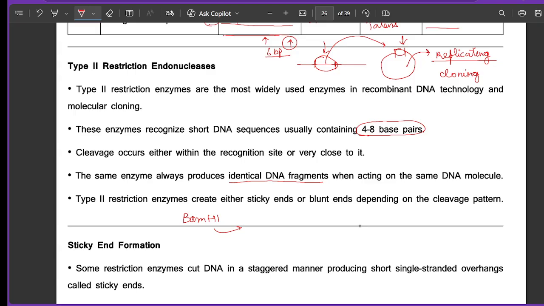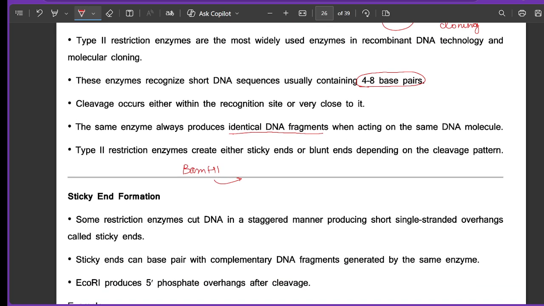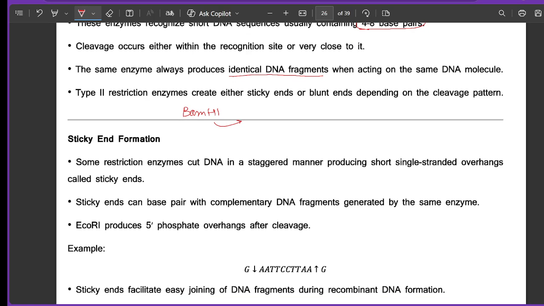No variation would be there because its restriction site is very fixed. Now these type 2 and type 2S restriction enzymes can produce two kinds of fragments after cutting. One of them can be sticky and one of them can be with blunt ends.